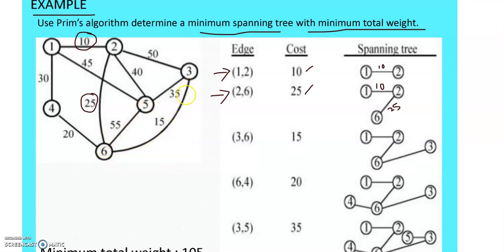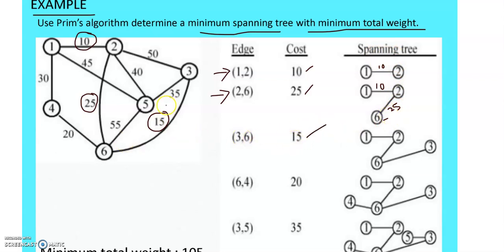Okay, so many edges we have, but what is the minimum weighted and which is connected with the already existing spanning tree? That is very, very important. Okay, now you see this is 15. This edge is connected with this vertex 6 because you have already 6 in the existing spanning tree. So now this 15 you can take it.